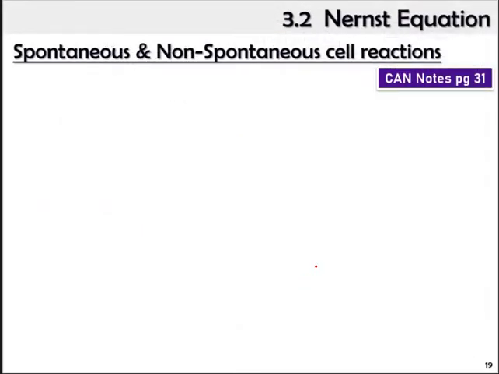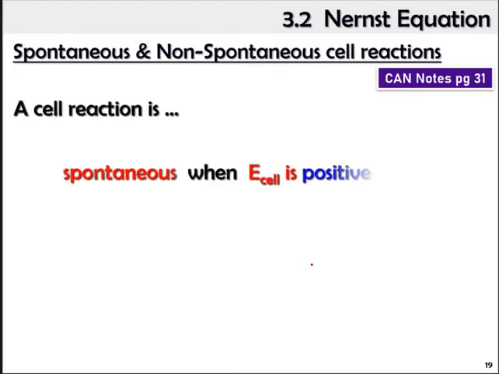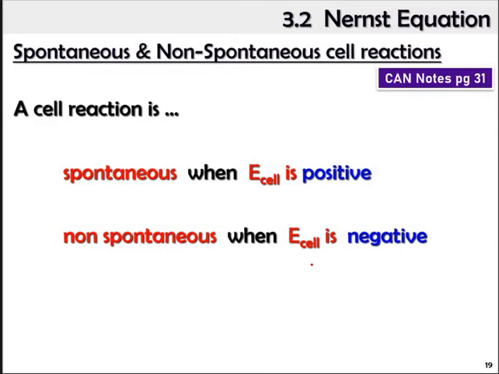Spontaneous and non-spontaneous cell reactions. A cell reaction is spontaneous when E cell is positive and non-spontaneous when E cell is negative. For this one, ingat lagi tak sebelum ni kita belajar spontaneous and non-spontaneous itu adalah untuk standard condition, iaitu E0 cell.